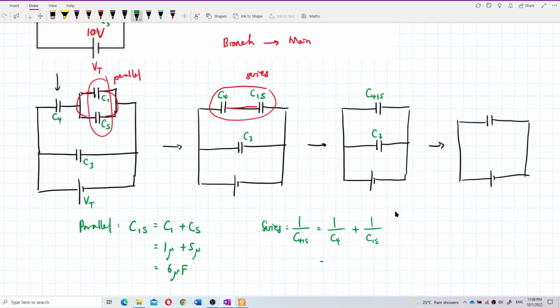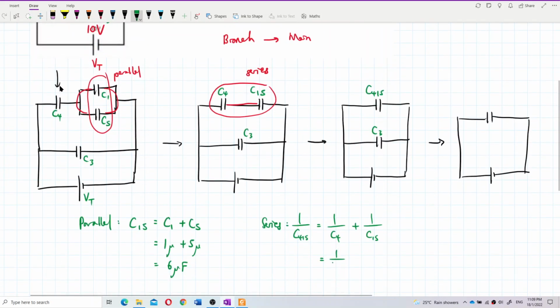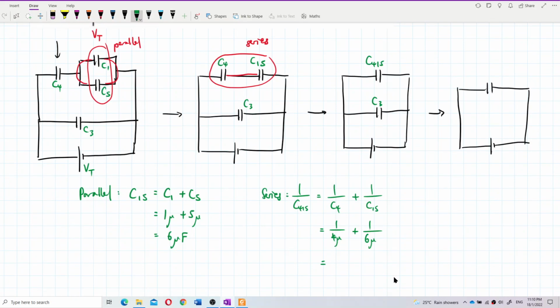C4 is 4 microfarad, and C15 just now is 6 microfarad. Let's total up: 1 over 4 plus 1 over 6. I got 5 over 12 microfarad.